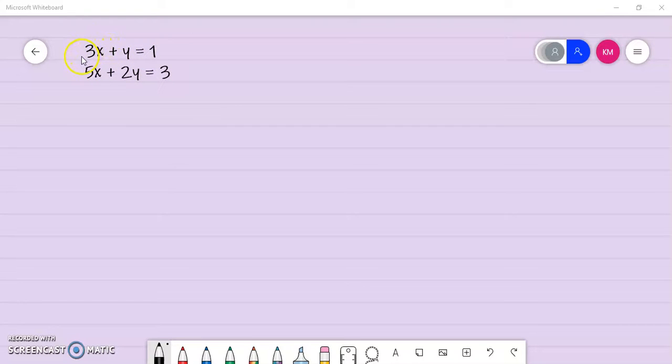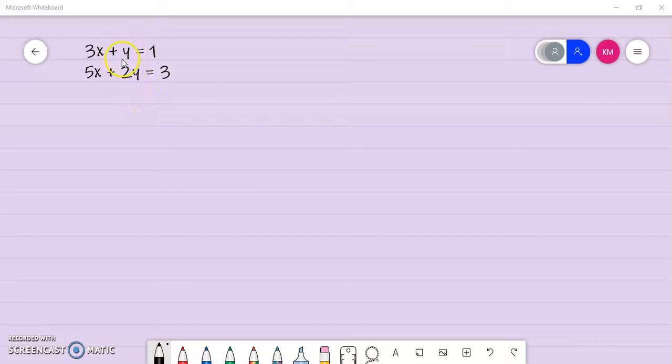I have 3x plus y, and that is understood to be 1y, is equal to 1, and 5x plus 2y equals 3. I'm noticing that the coefficients of x in both equations are not the same. I have 3 here and I have 5 here, and my coefficients of y are neither the same.